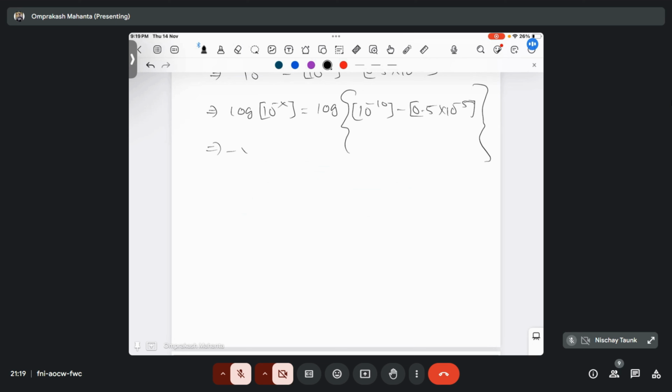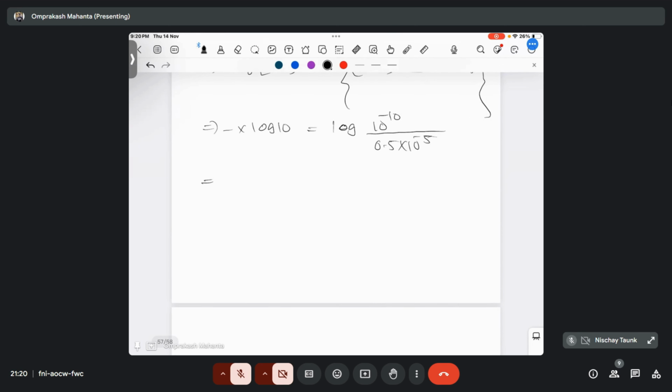So minus x log 10 equals log 10 to the power minus 10 divided by 0.5 into 10 to the power minus 5. Log 10 is 1, so minus x will be minus 4.69, so x will be 4.69. Okay, so this will be your answer.